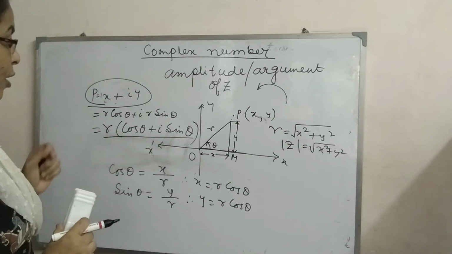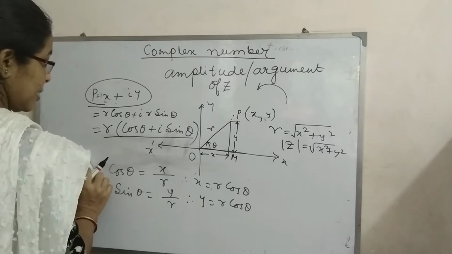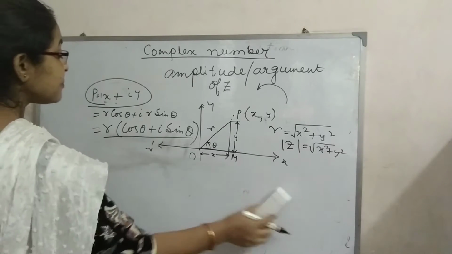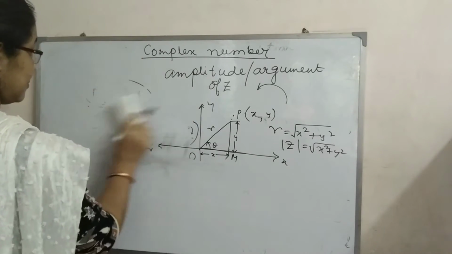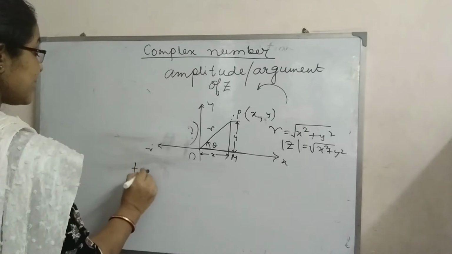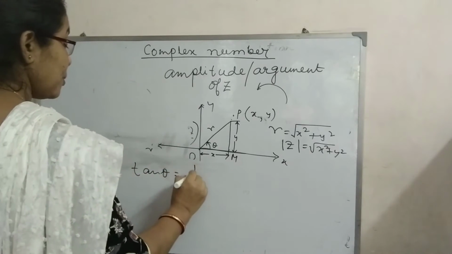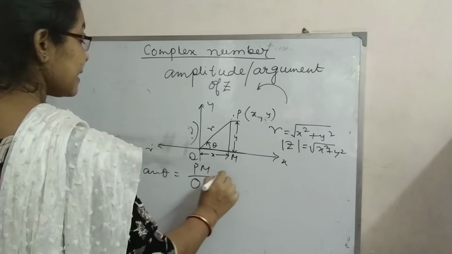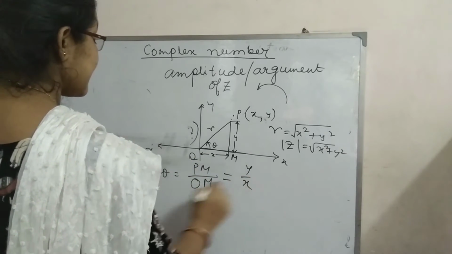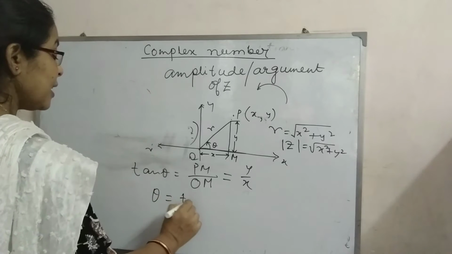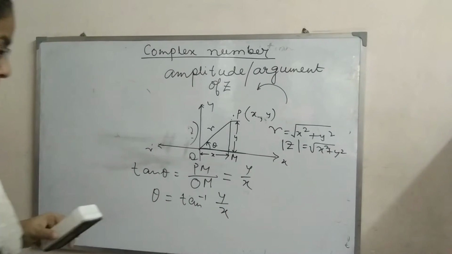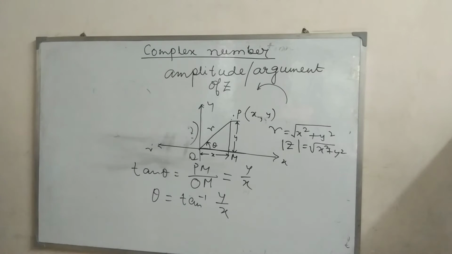This r equal to mod z, and tan theta equal to perpendicular by base, that is y by x, theta equal to tan inverse y by x.